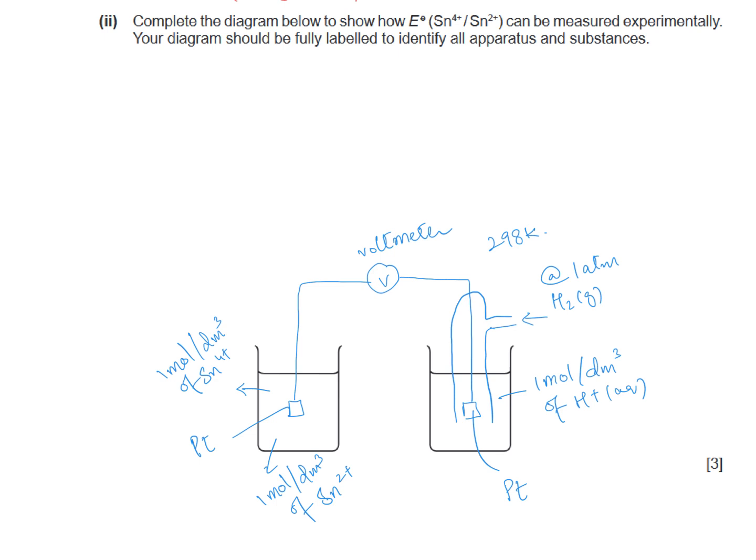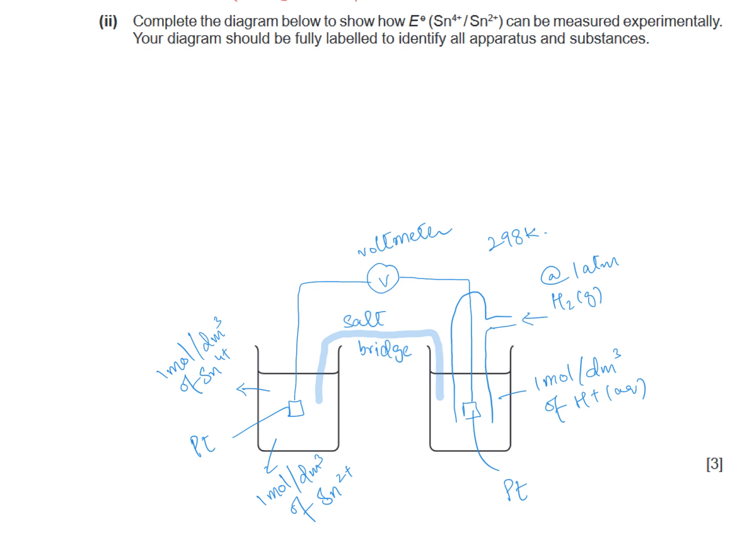Okay, and we need a salt bridge, so I'm going to use a highlighter to draw the salt bridge here, and the salt bridge needs to be dipped into the solution. So this is my salt bridge which is going to be here.